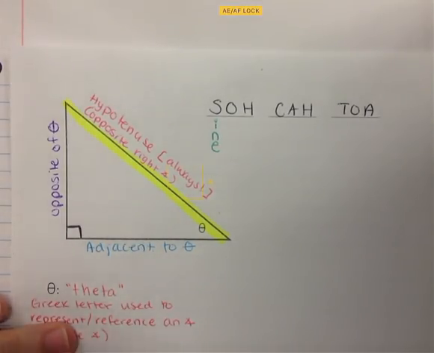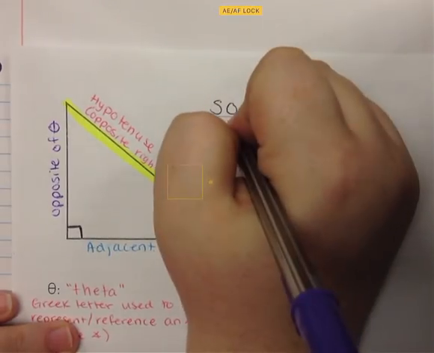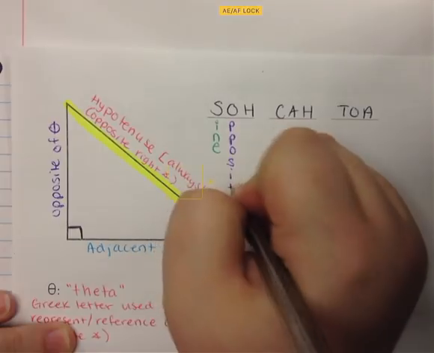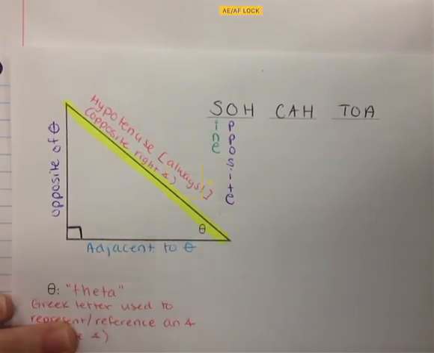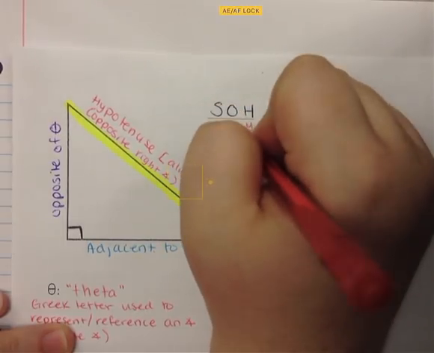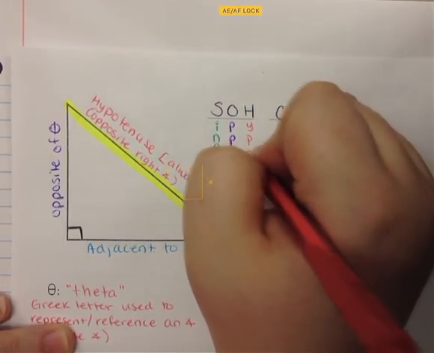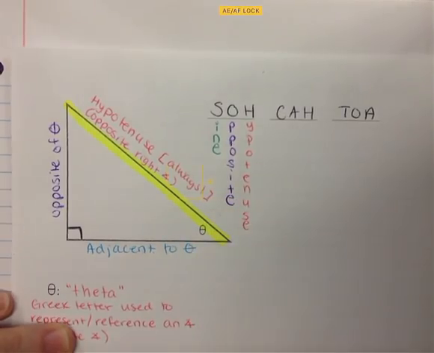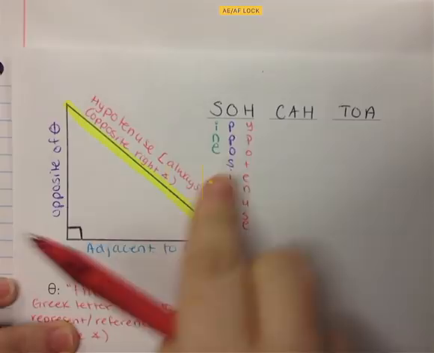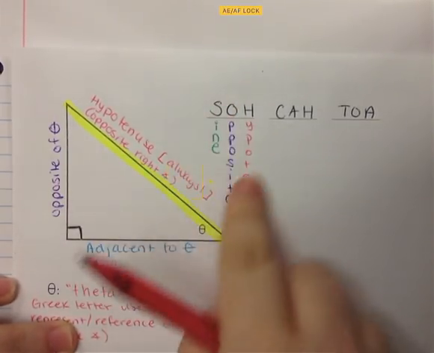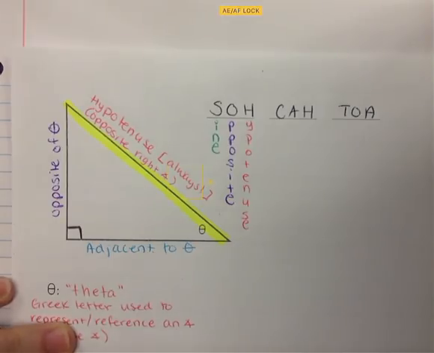The O stands for opposite, O-P-P-O-S-I-T-E. The H stands for hypotenuse, H-Y-P-O-T-E-N-U-S-E. So we have sine, opposite, hypotenuse. I'm going to explain what you actually do with that.